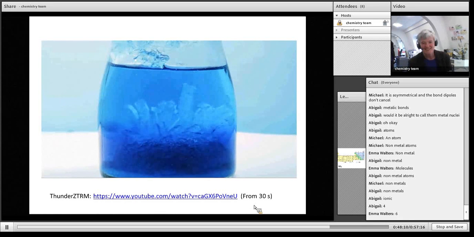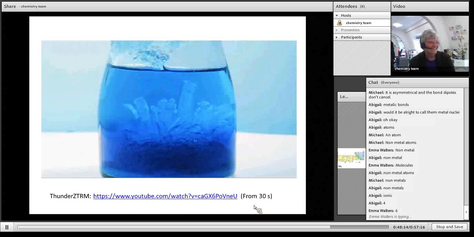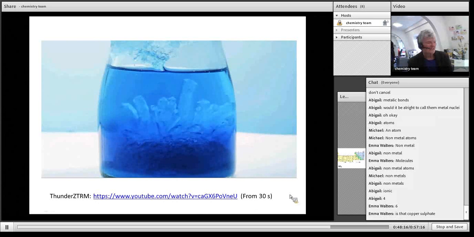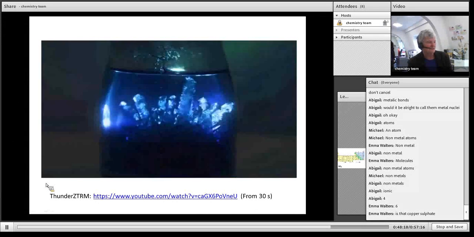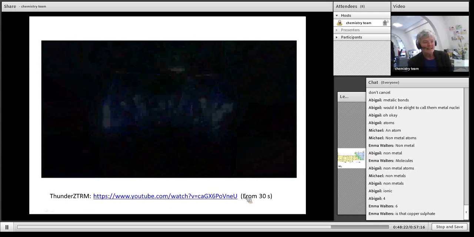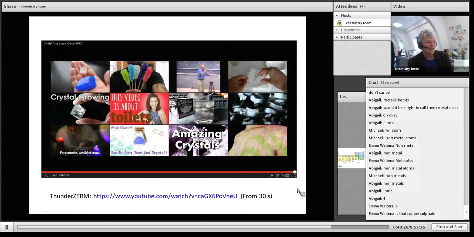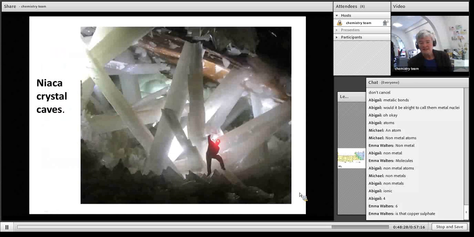So get this idea of 3 dimensions. Okay, you can look it up yourself if you Google that on YouTube. Yes, that's copper sulfate.